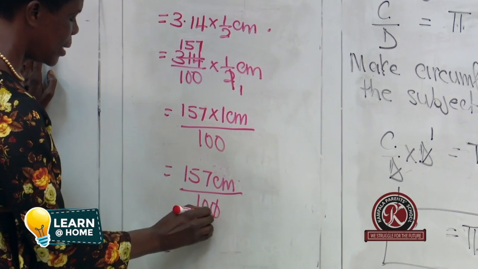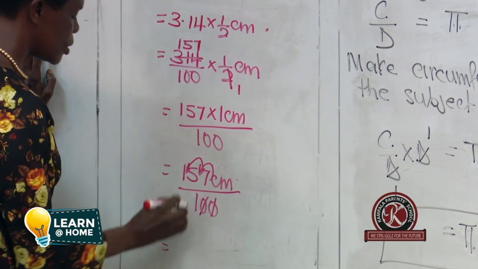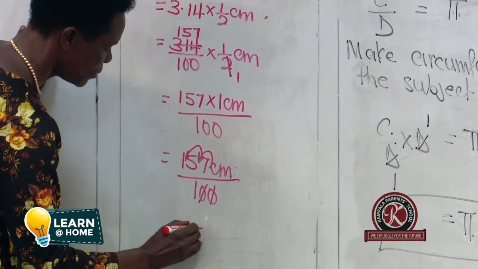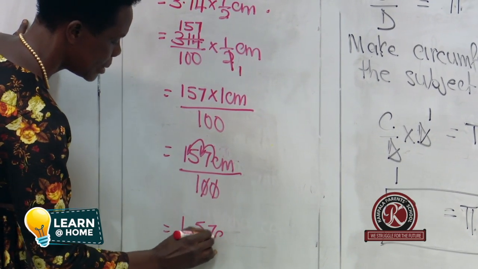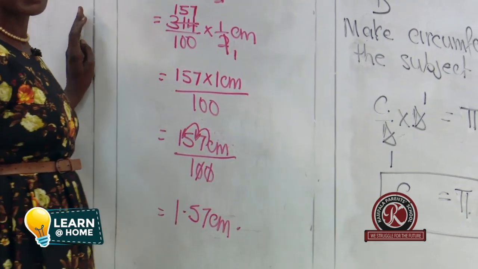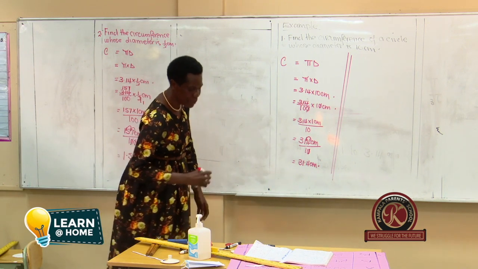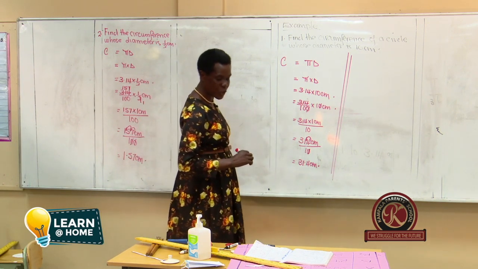What do we have here? So we have 1.57 centimeters. That is the circumference. So I'm giving you the last example where we are going to use pi as 22 out of 7.